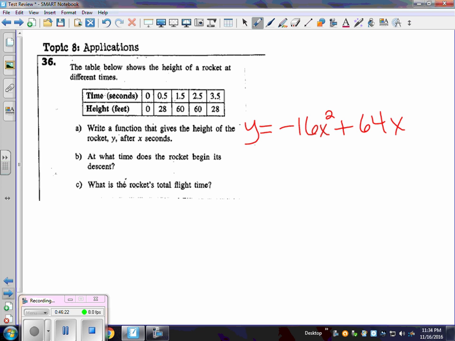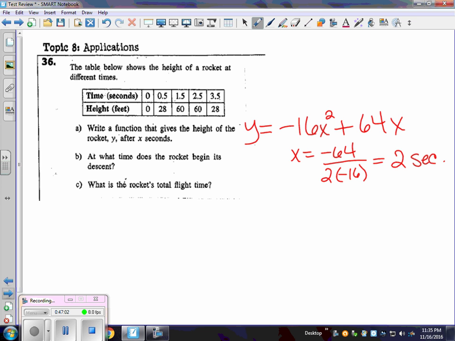You could graph it and look at it if you wanted to, or since it's asking for the max, at what time is our x, you can do the opposite of b over 2a. That is negative 64 over 2 times negative 16, so negative 64 divided by negative 32, which gives us 2 seconds. So at what time does the rocket begin its descent? Once it hits 2 seconds, it's going to start to come back down.